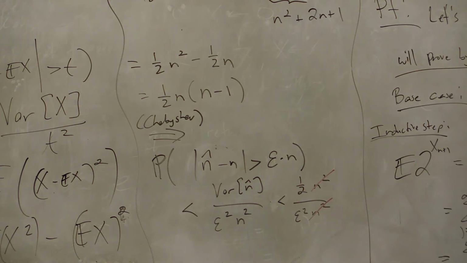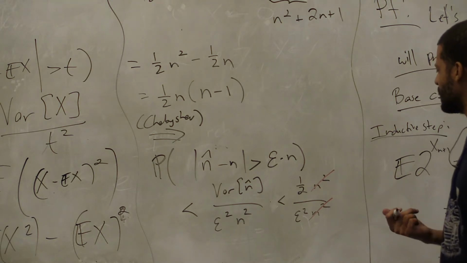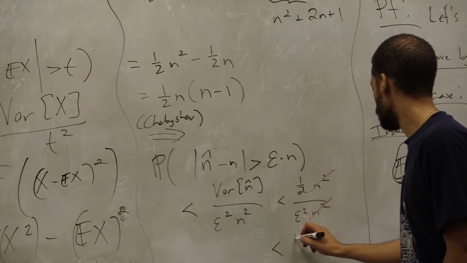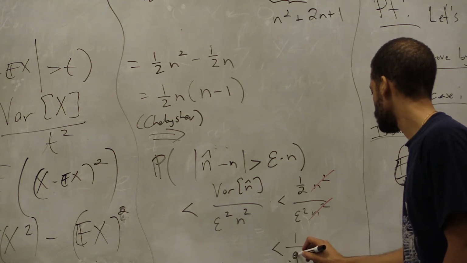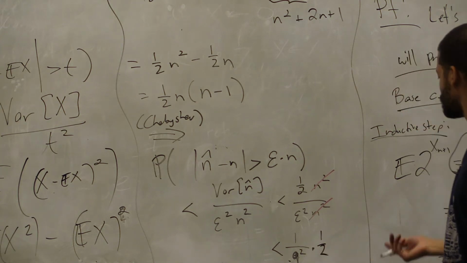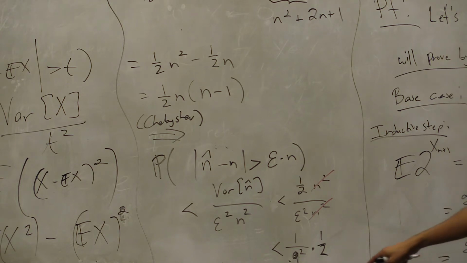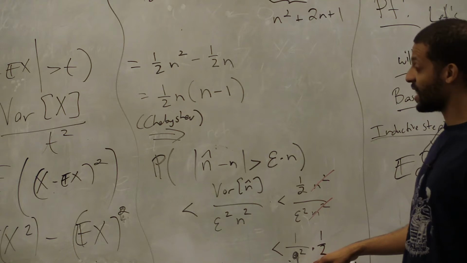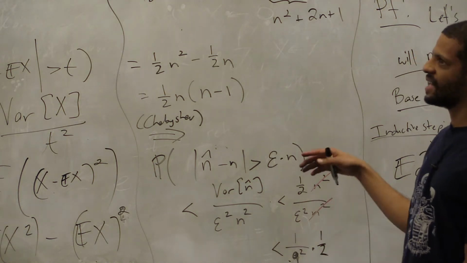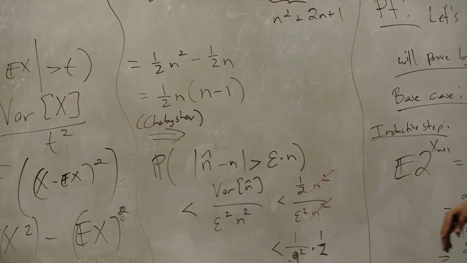And if epsilon is not too small, for example, if epsilon is like 0.9, this is less than 1 over 0.9 squared times 1/2, which is some constant. 1 over 0.9 is 10/9, which is roughly 1.11.